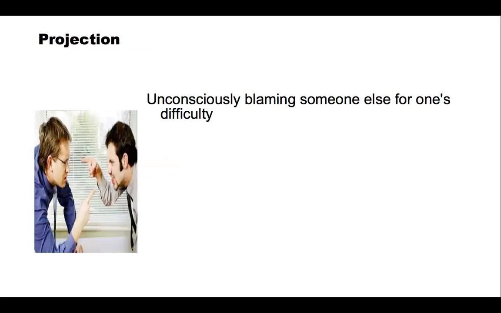Now let us see what is projection. Projection is unconsciously or consciously blaming someone else for one's difficulty. So, placing blame for own difficulties upon others means projection. Here, others are seen as responsible for one's own mistake, and one's own unacceptable feelings and thoughts are expressed as if they are due to others.